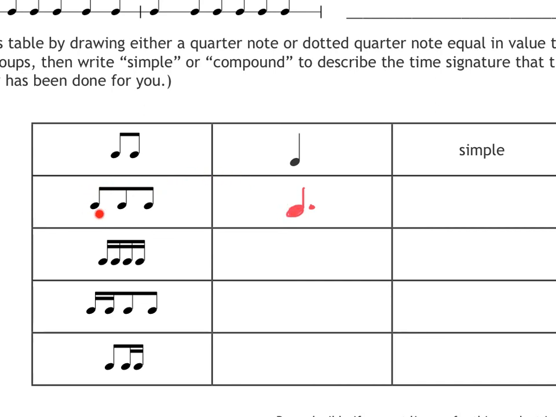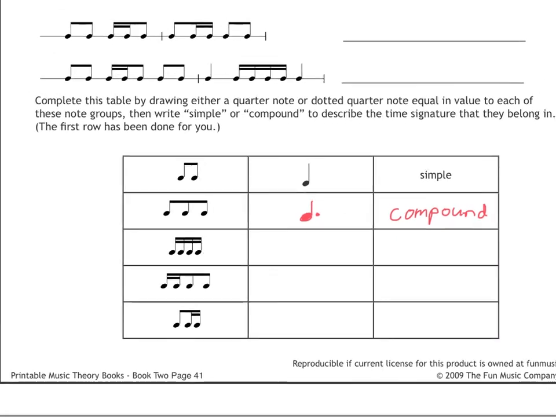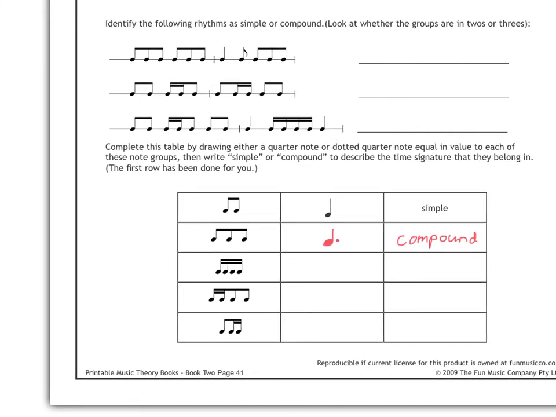You divide it into 3 evenly spaced eighth notes. So because it's divided into 3, this is not a simple time signature, it is a compound time signature. Okay? That is a compound rhythm because you divide it into 3. All right, do the last few on your own.